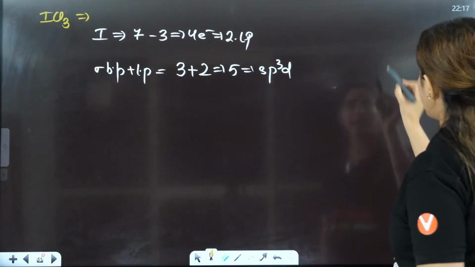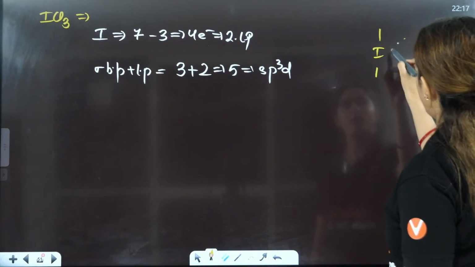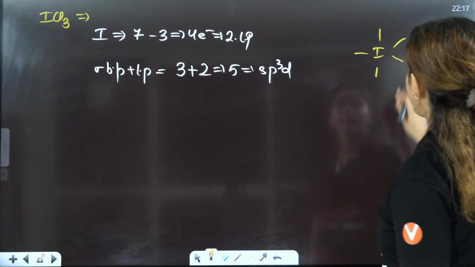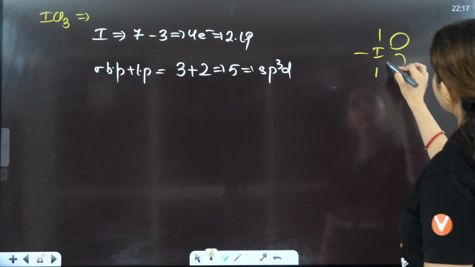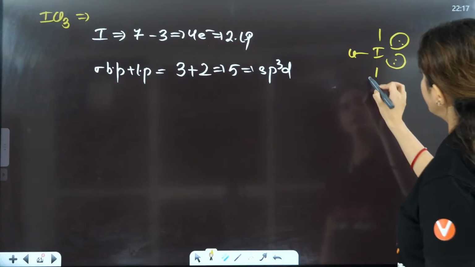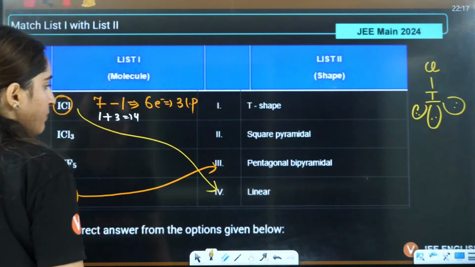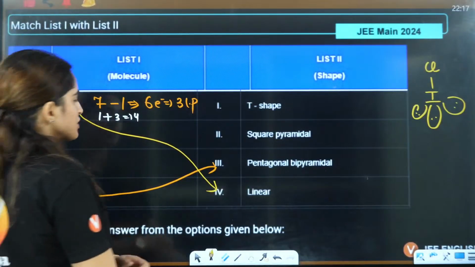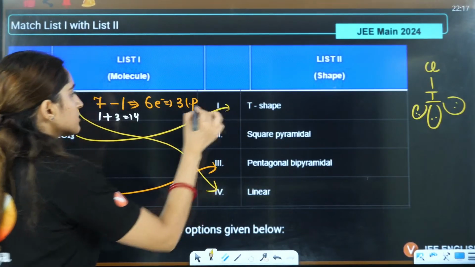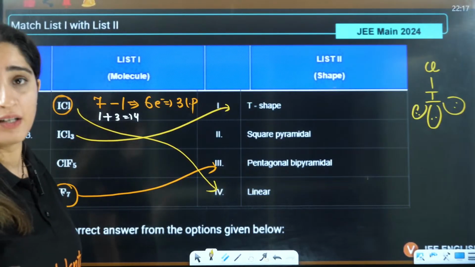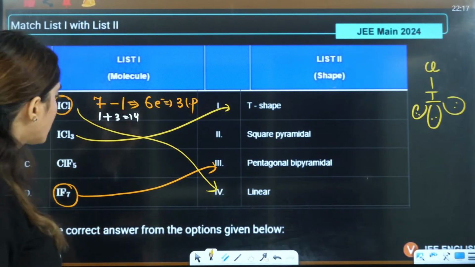So we can form it like this, I, 1, 2, 1, 2, 3. 2 lone pairs means it will be like this. Can you see what kind of shape it is forming? It is forming a bent T shape, okay? Or you can say T shape as well, same thing. Sometimes it is specified as bent T, sometimes it is not.